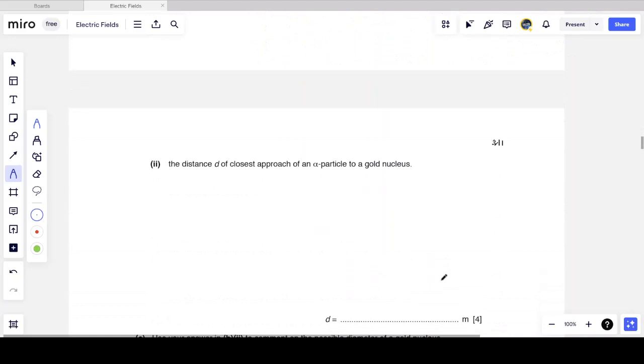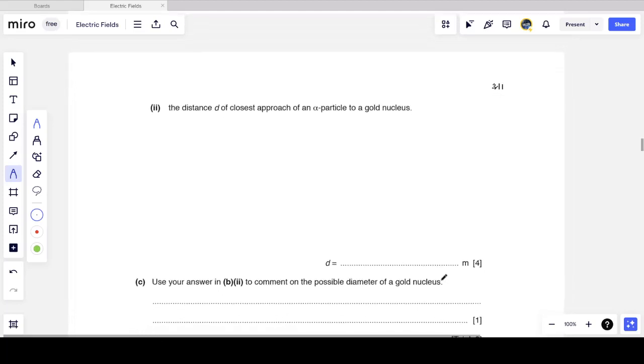The next question says calculate the distance d of the closest approach of an alpha particle to a nucleus. Now, for the distance d of the closest approach, I'm going to assume that all of the initial kinetic energy given to the alpha particle becomes electric potential energy as the alpha particle gets close to the gold nucleus and then stops. So it starts with the initial kinetic energy, all of that kinetic energy vanishes and gets converted to electric potential energy.